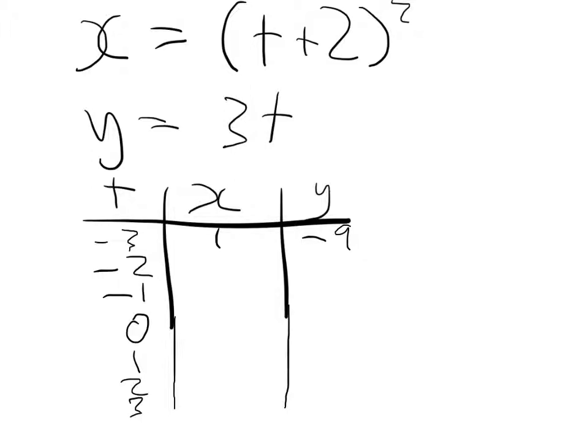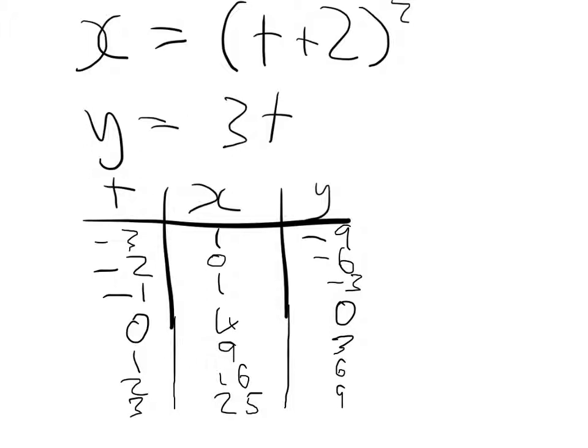Our x, when t is -2, it's going to become 0, and y is going to be -6. Hopefully we can see the pattern here. The rest give 4, 9, 16, 25, and y values of 3, 6, 9.